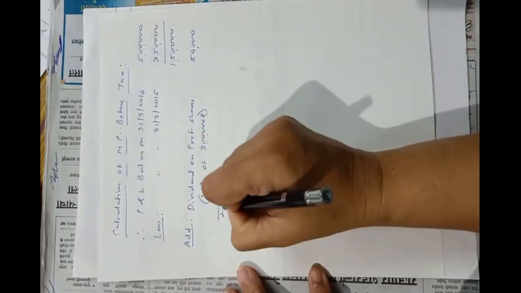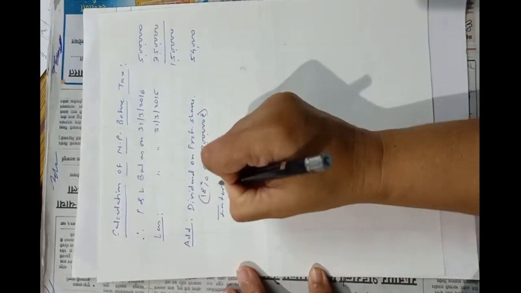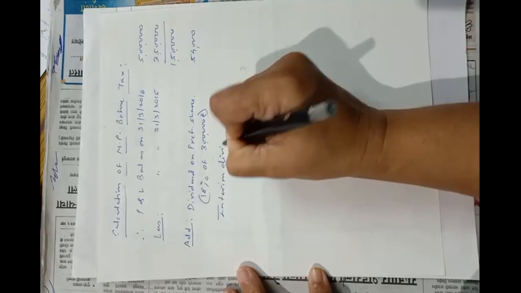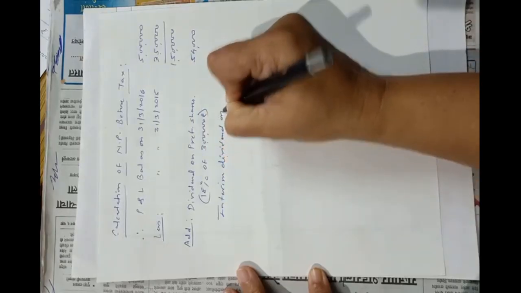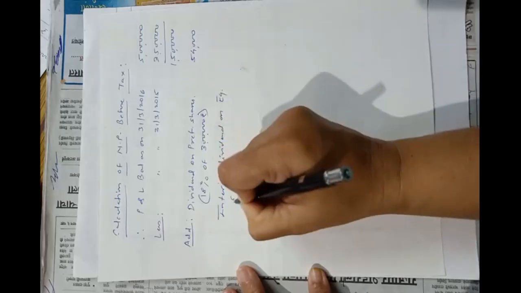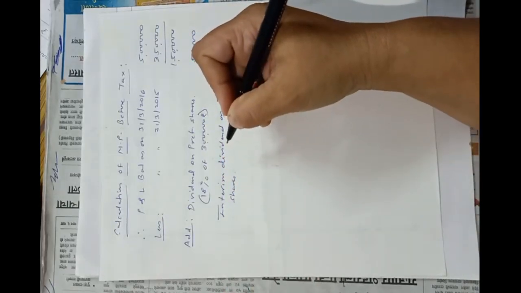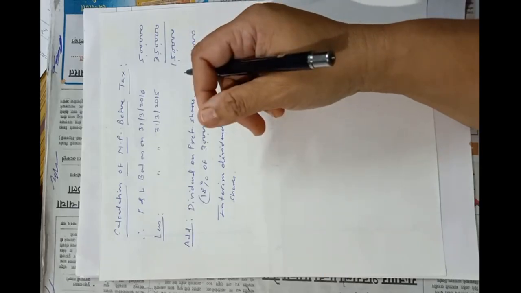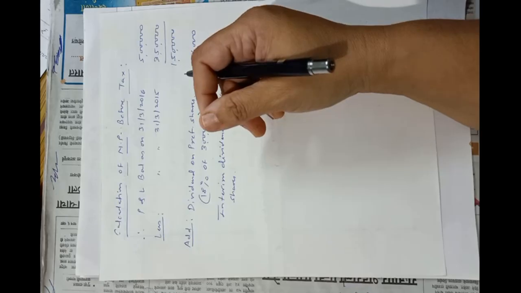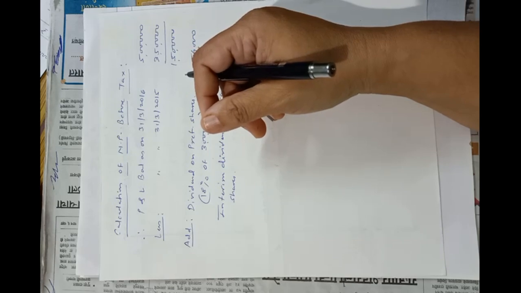Similarly, interim dividend on equity shares. Now see the equity shares. Equity share capital on 31st March 2015 is 6 lakhs, and on 31st March 2016 10 lakhs. But new shares were issued on 31st March 2016.